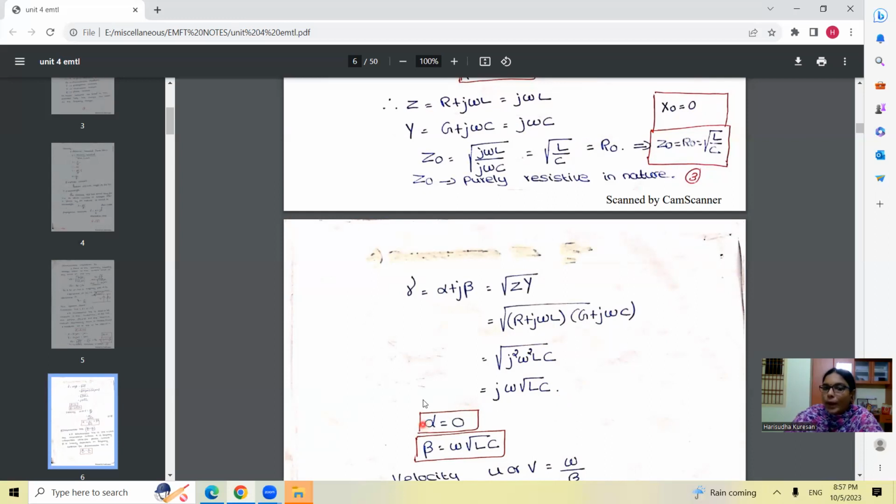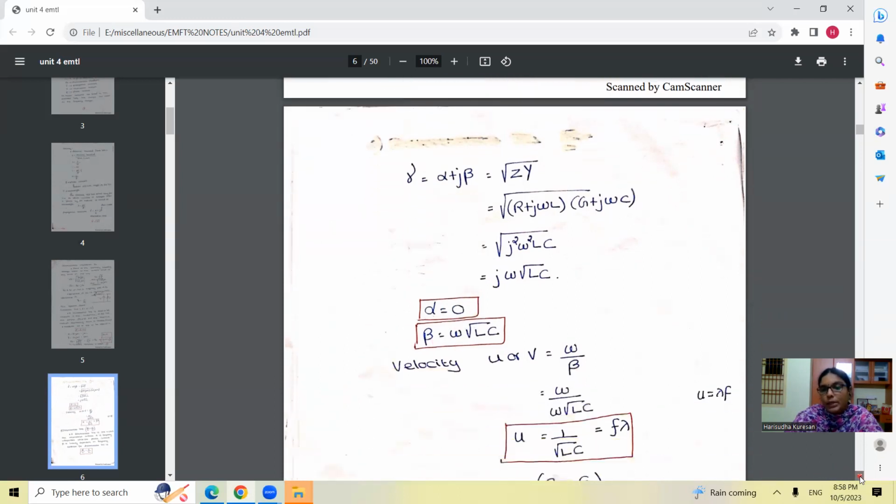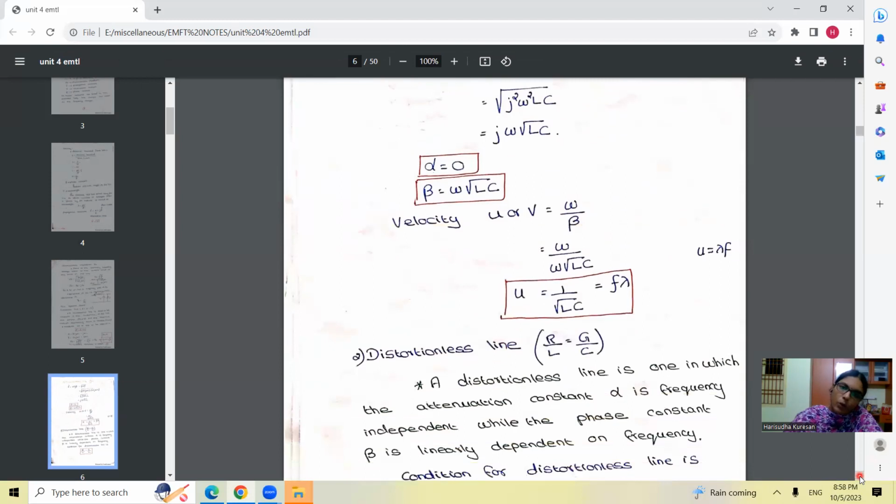So gamma is equal to alpha plus jβ, and the gamma result you got is purely the imaginary part. Therefore, we can wind up that your attenuation constant is equal to 0 and your phase constant beta is equal to ω root LC. Now comes the velocity formula. Velocity can be written in notation as small v.